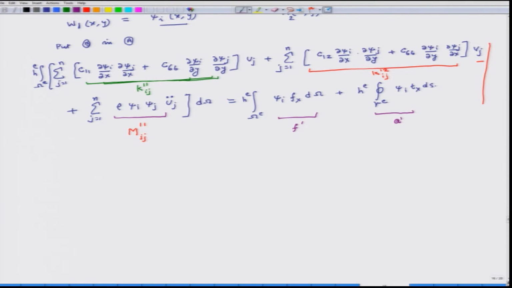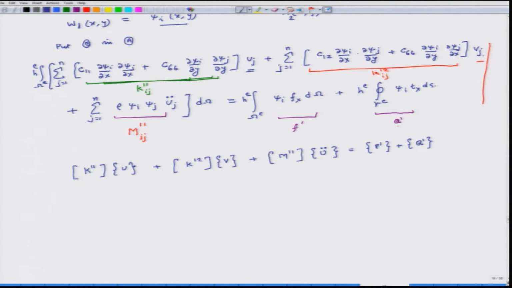Okay. So, in matrix form I can write this equation as K11 multiplied by the u vector, plus K12 multiplied by the v vector, plus M11 u double dot is equal to, if I add F and Q, I can call it F1 plus Q1.